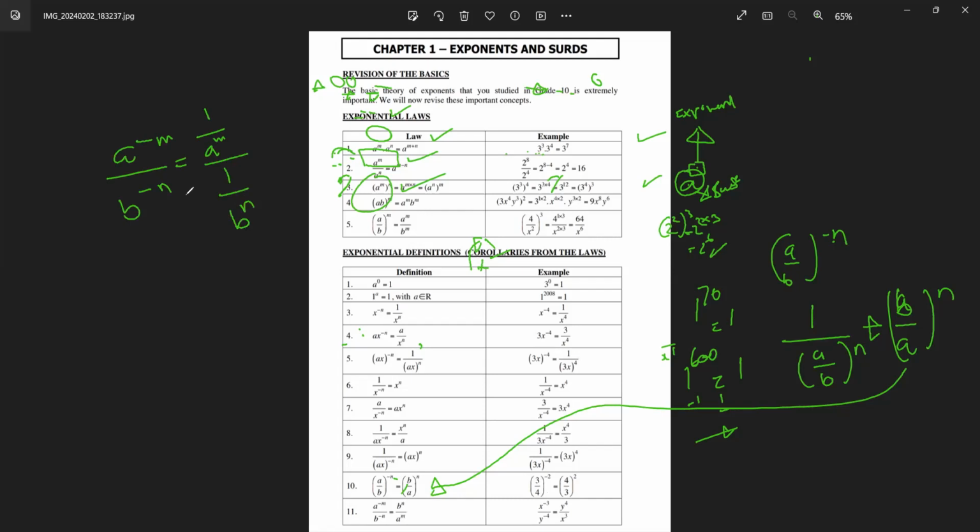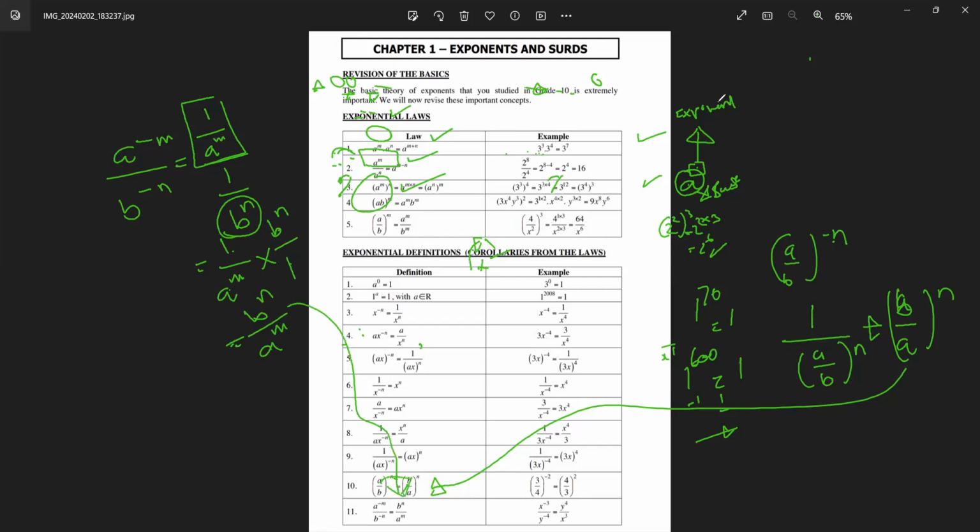Then we keep the numerator, which is 1 over a to the exponent of m, times this one. We take this one and put it above at the numerator to be b to the exponent of n divided by 1. Then this multiplied by this, we have b^n, and this multiplied by that, we have a^m, which is what we have then.